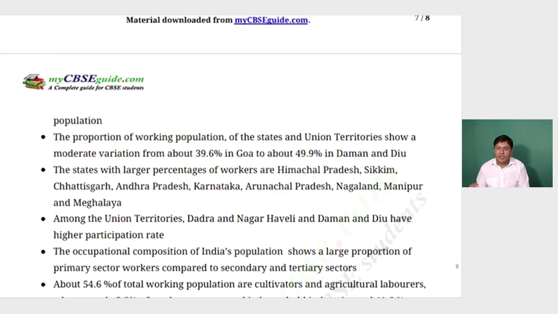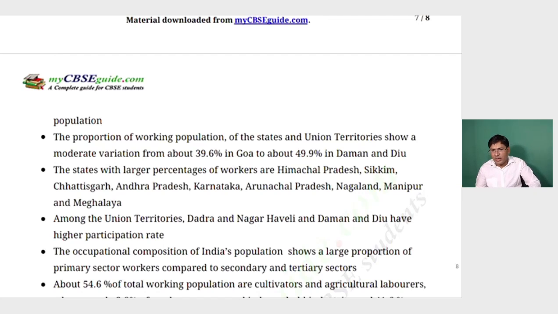If we talk about the union territories, in Goa almost 39.6% is the working population, and in Daman and Diu it is 49.9%. This was the variation in the union territories.